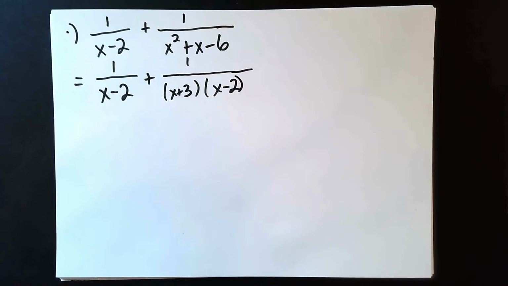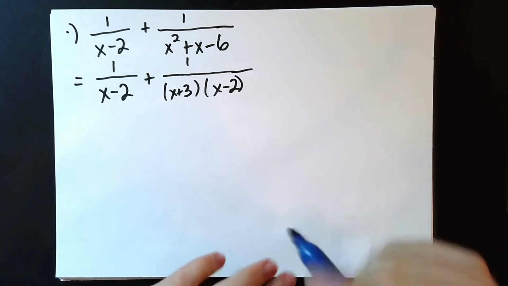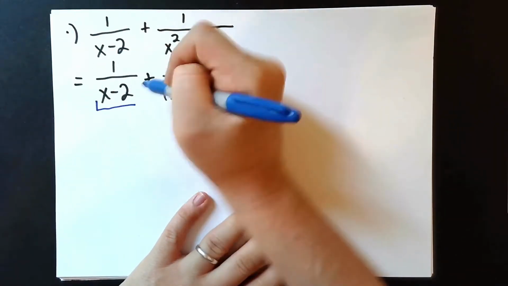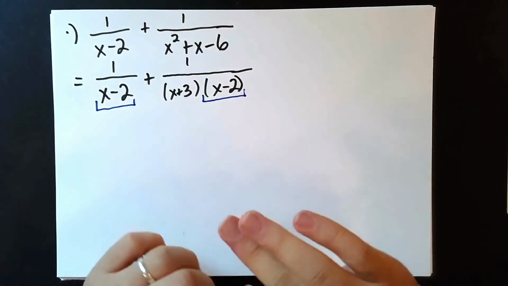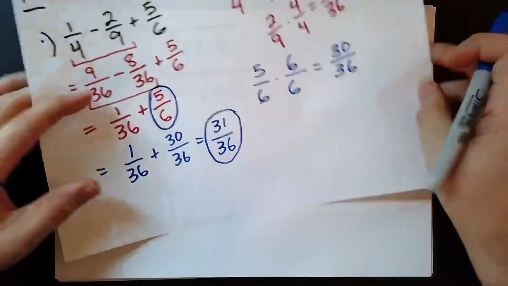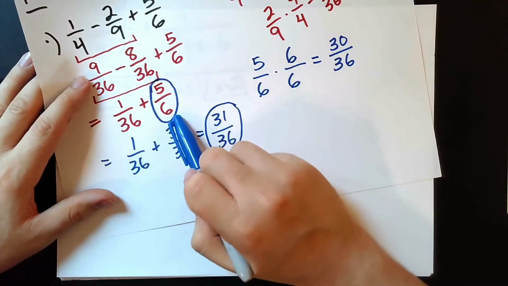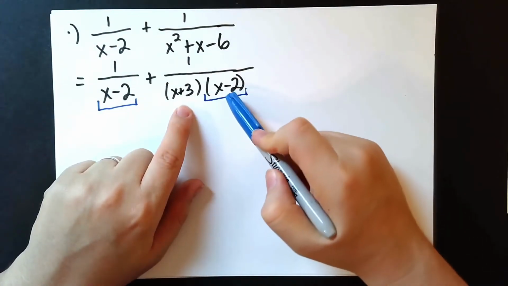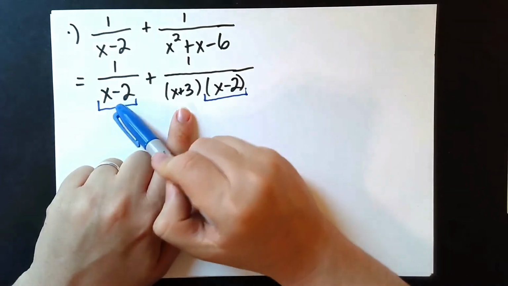And the key thing you want to notice here, before you jump ahead of yourself, is that this x minus 2 is the same thing as this x minus 2. Namely, just like 36 was already a multiple of 6 here, x plus 3 times x minus 2 is already a multiple of x minus 2.